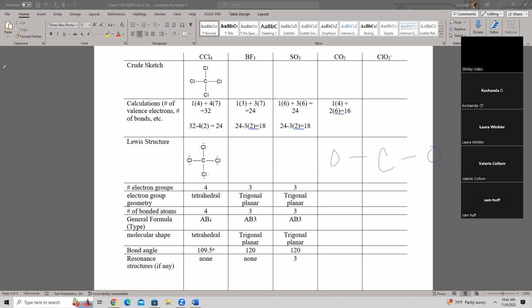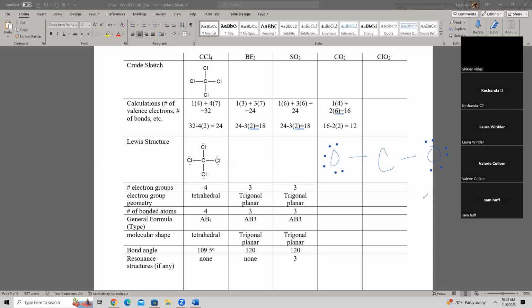So from that, we can see that we just used 2 bonds, so we take the 16 and subtract 2 times 2, which gives us a total of 12 electrons to put around all of the atoms, all right? Let's see. 1, 2, 3, 4, 5, 6, 7, 8, 9, 10, 11, 12.